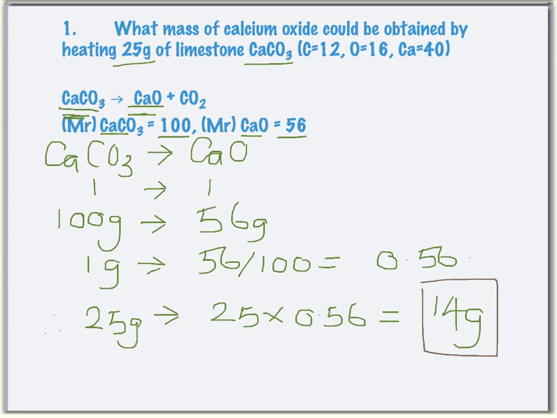So there's our answer for this first example. If we have 25 grams of limestone, calcium carbonate, and we heat it to make calcium oxide, we will get 14 grams of calcium oxide. So that's a relatively straightforward one. Now we'll take a look at another example.